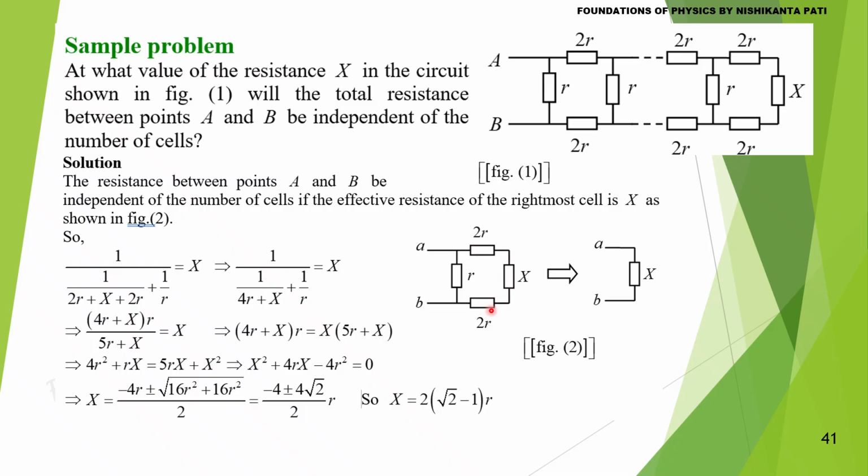That effective is in parallel with R. So the total effective between A and B is this much. This should be equal to X. Then upon rearranging and solving the quadratic equation, we get X equal to 2 times (root 2 minus 1) R.